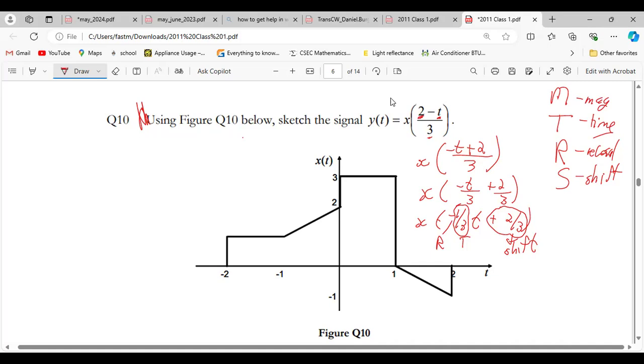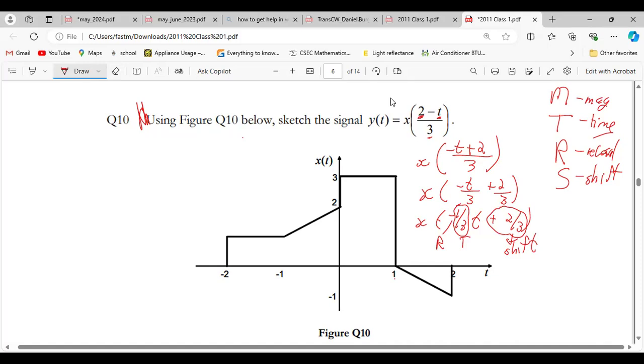If it's expanding, what do you think you will do? You'll multiply the x values or you will divide the x values. You would multiply. If I multiply it, it will just get wider, and if I divide it, it should get smaller.